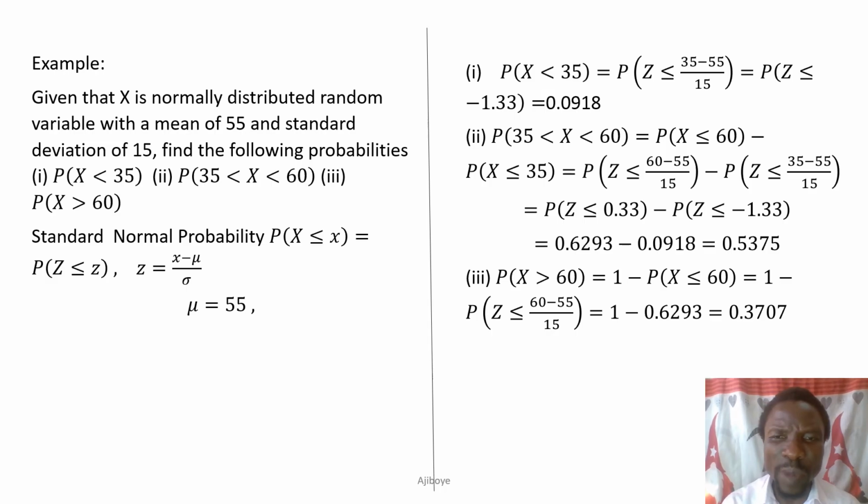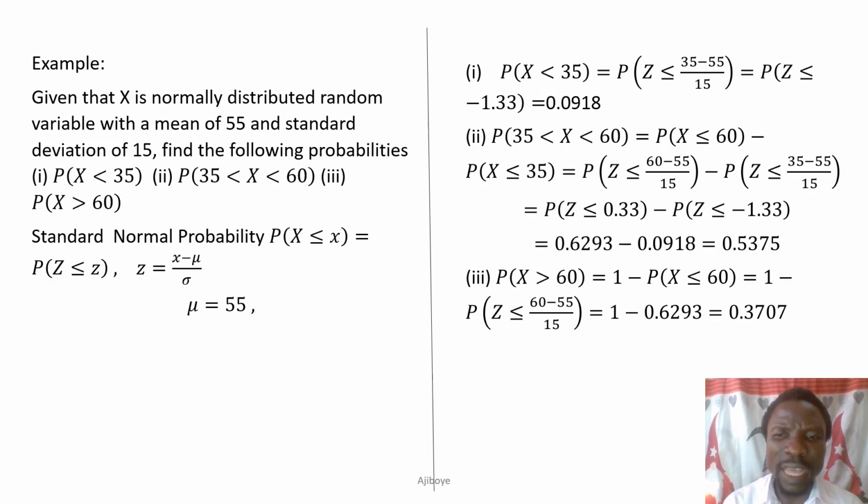And also for Roman figure 3 question, probability of X greater than 60 can be interpreted as a complement probability. Now this will be equivalent to 1 minus probability of X less than or equals to 60, which is equal to 1 minus probability of Z less than or equals to 60 minus 55 over 15 by the standardization method.